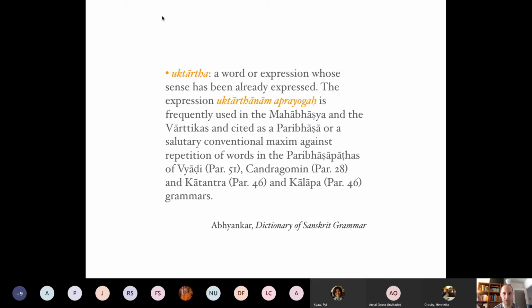This is found in the great commentary on Pāṇini, the Mahābhāṣya, and you can find it in the Vārttikas of Kātyāyana to Pāṇini. And as you can see below, it is a very famous paribhāṣā that is recorded in many collections of paribhāṣās. These paribhāṣās are, in the Sanskrit tradition at least, not in the Pali tradition as far as I know, recorded in collections of maxims or paribhāṣās. Abhyankar called it a salutary conventional maxim against repetition of words, that is, a paribhāṣā. As you can see, Vimalabuddhi, the author of the Mukhamatta Dīpanī, knows this paribhāṣā, and he's using it on the Kaccāyana grammar.